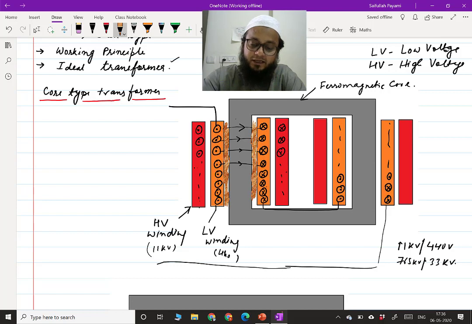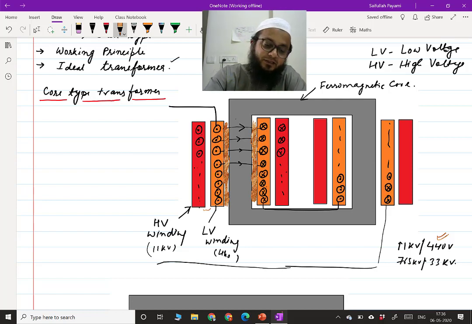So we purposely keep the low voltage winding near to the core, because here the potential difference would be minimal. I will put the insulation as per the requirement of 440 volt, and here the difference would be, in the 11 kV case, around 10.5 kilovolt.